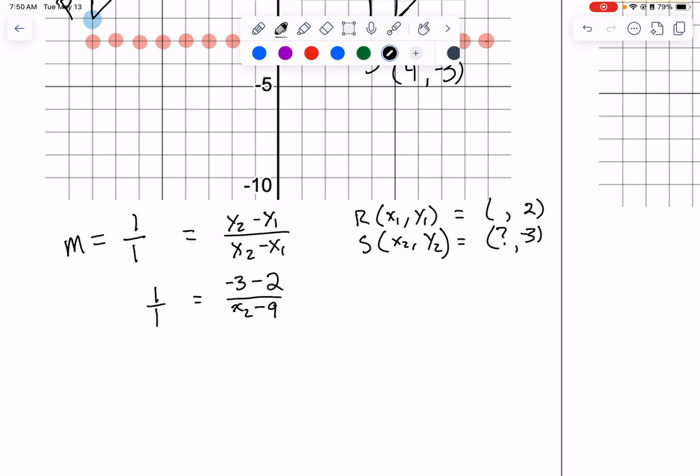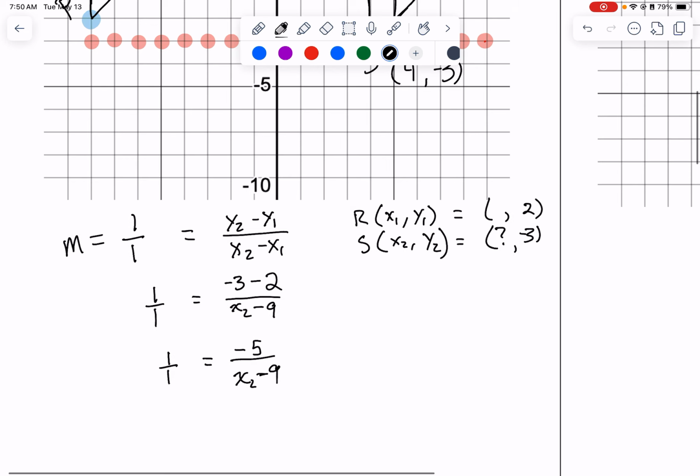Okay, now let's see where this takes us. We have 1 over 1 equals -3 minus 2, which is -5, over x2 minus 9. And x2 is this mystery number that we're trying to unravel. This is a fraction equals fraction, where each of these groups can become cross products.